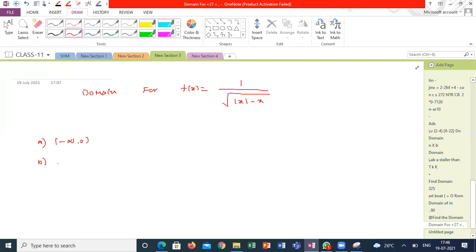The second option is minus infinity to infinity minus 0. The third option is minus infinity to infinity open braces. The fourth option is 0 to infinity open braces. Guys, you already know the previous question, it is a continuation of the previous question.